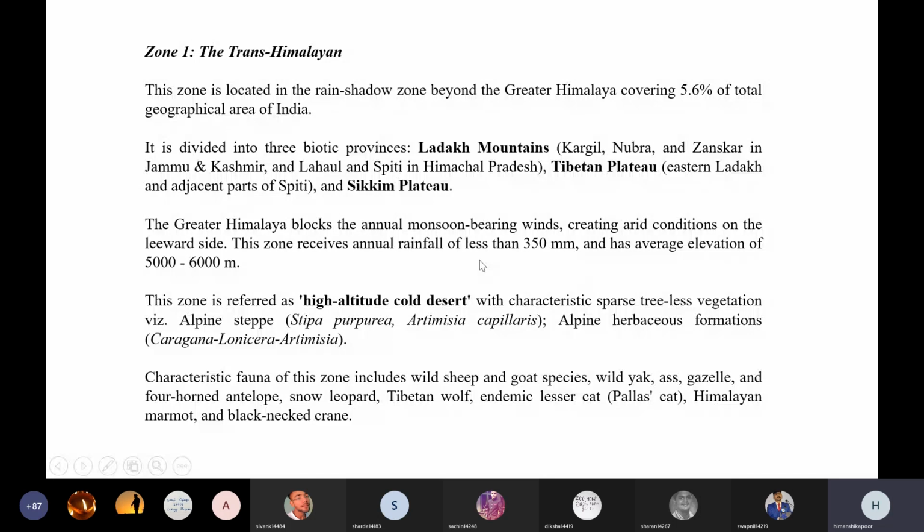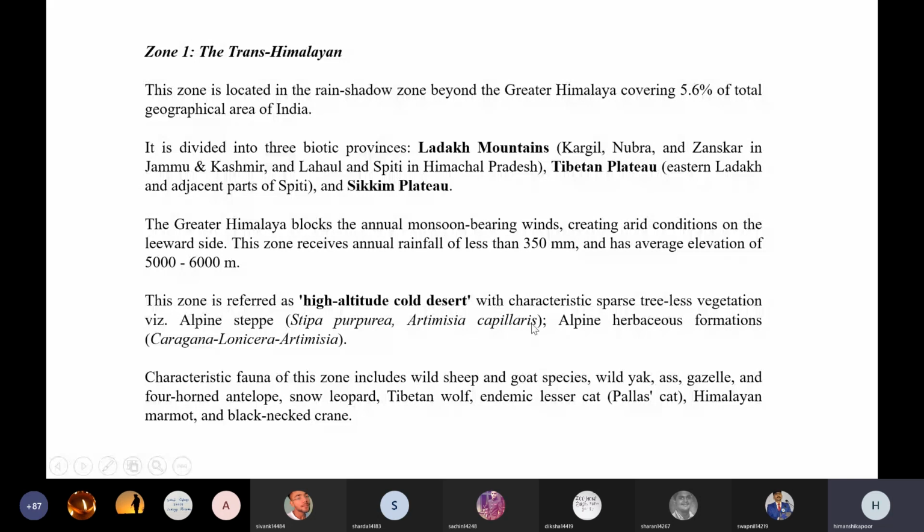Now, when the rainfall is less, what do you expect the vegetation to be? Vegetation would be less. Mostly we have alpine vegetation over here, which can survive in high altitudes, cold temperatures, and also dry conditions. So these are high altitude cold deserts. We have discussed the vegetation.